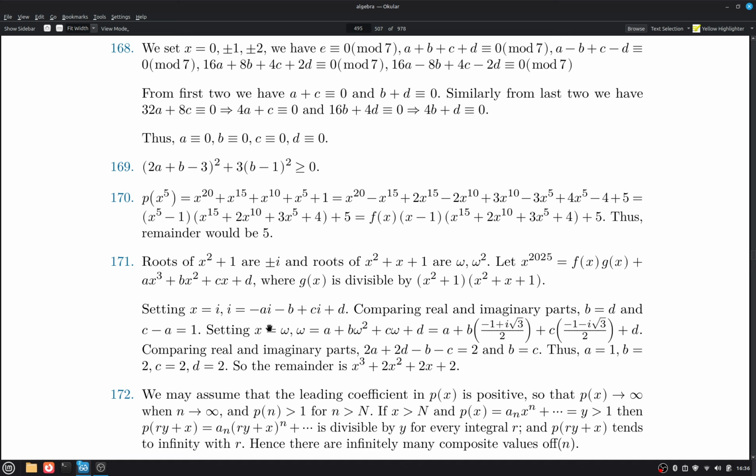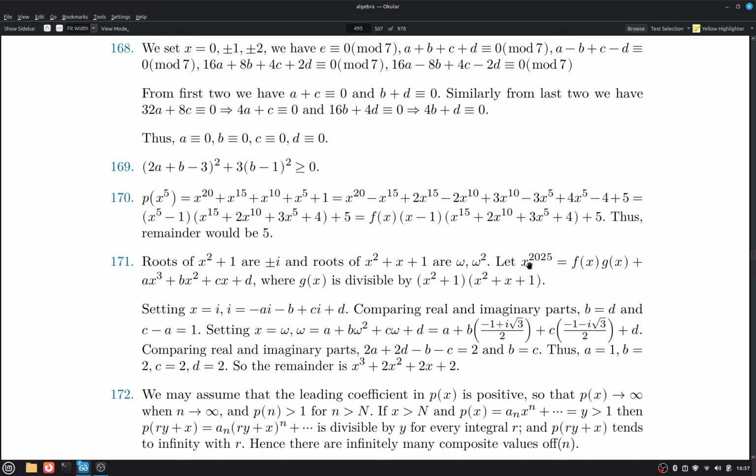Now we set x equal to omega and omega square. First we set omega. 2025 is divisible by 3, so this would become 1.